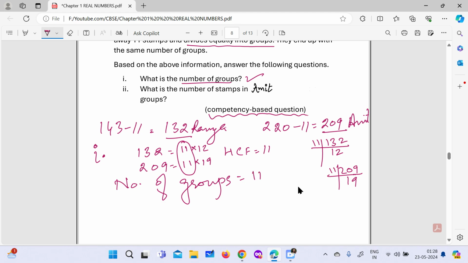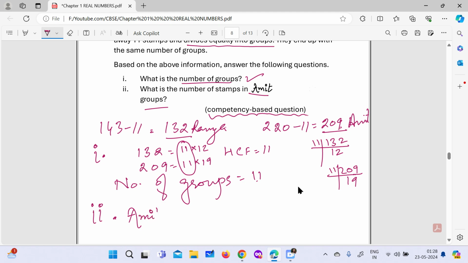Now the next part is, what is the number of stamps in Amit's group? It means in each group how many stamps Amit is going to have. Amit has got 209 stamps and he is dividing them into 11 groups.